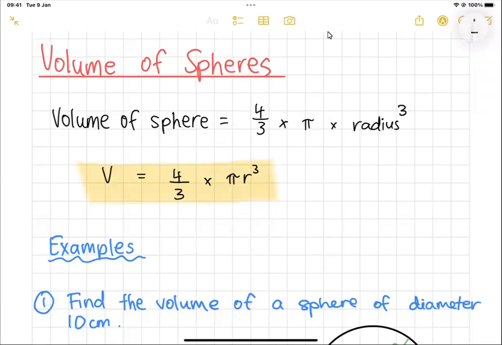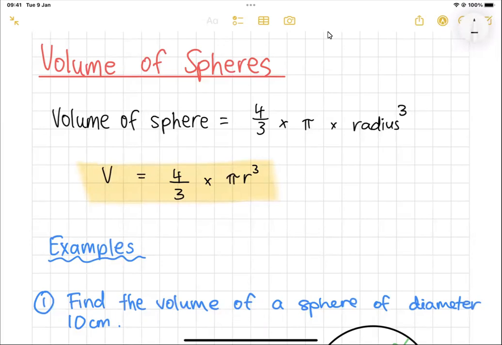As you can see from the screen, I have put up the formula for the volume of the sphere, which is 4/3 times pi times radius cubed. Now this is where we're dealing with radius cubed, not squared, right?